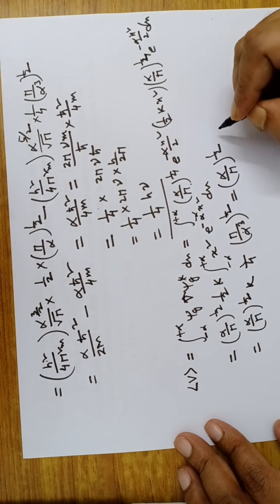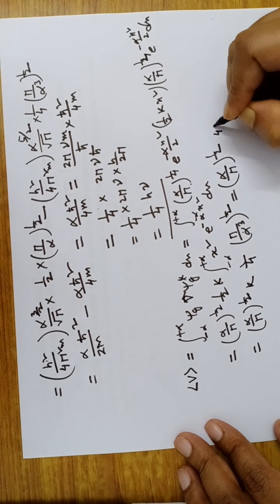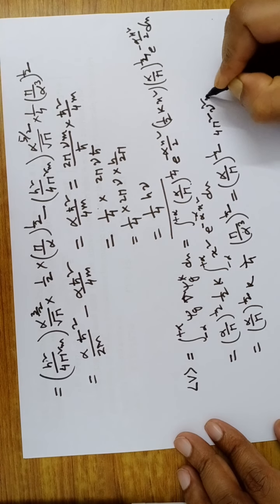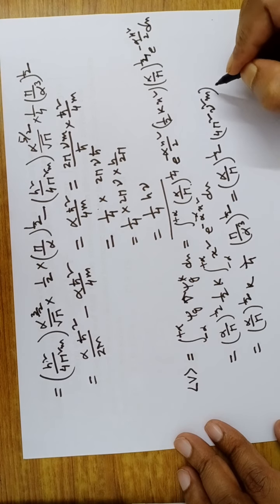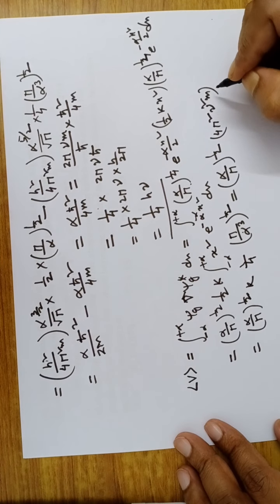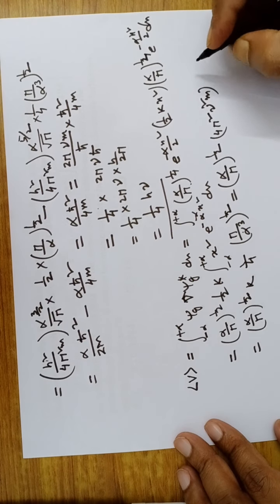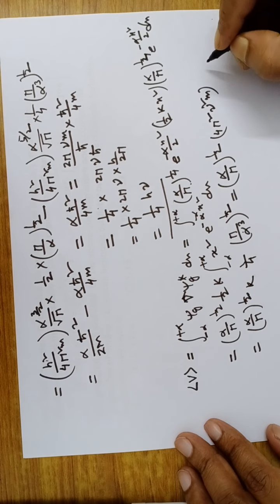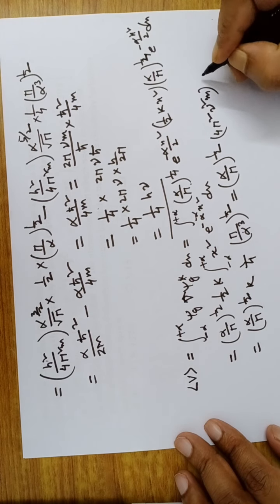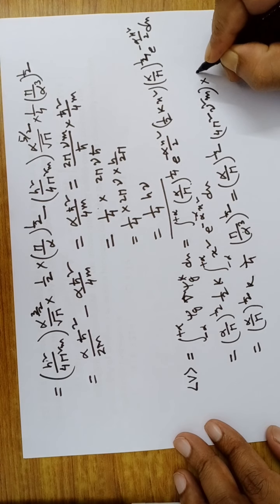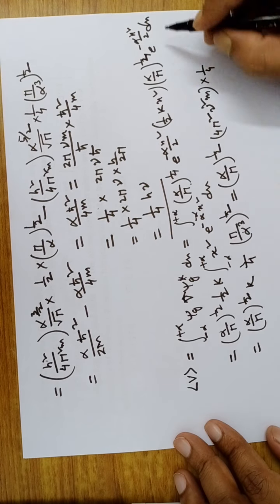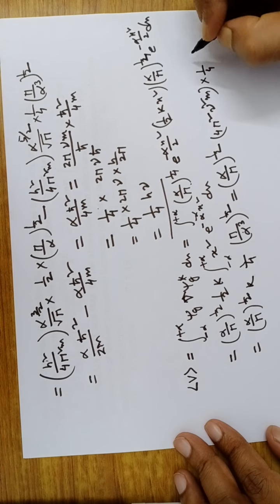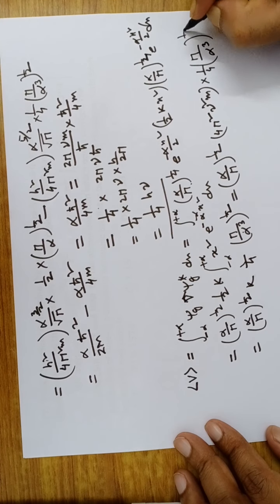What was the value of k? Value of k actually 4 pi square nu square m. This is well known value. Okay, this is the value of k for harmonic oscillator. Then it will be into 1 by 4 into alpha, that is pi by alpha cube whole to the power half.